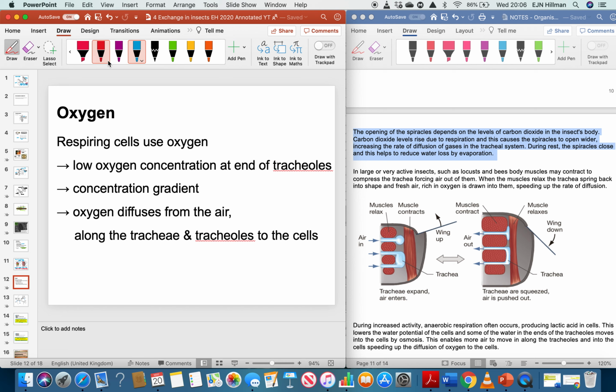This also maintains that concentration gradient. So oxygen diffuses from the air that's moved into the tracheals, along the trachea and the tracheals, and into the cells.